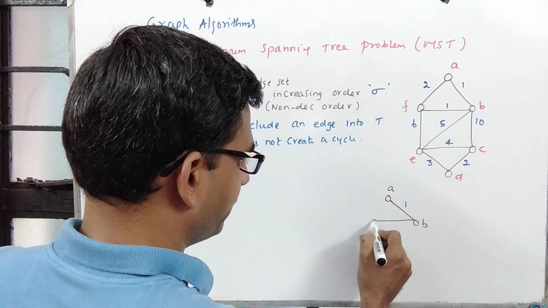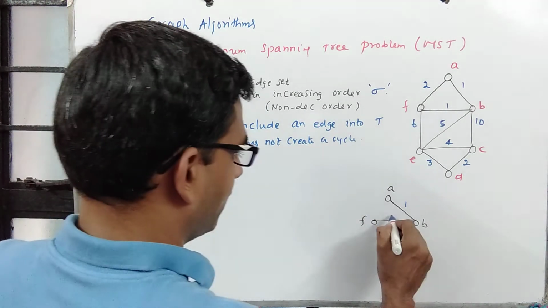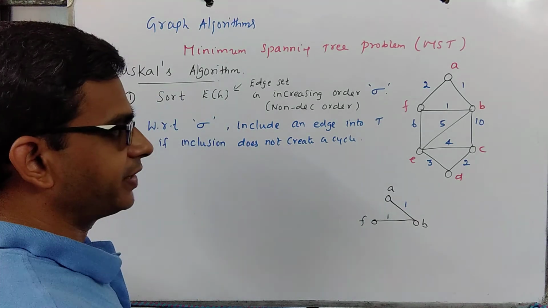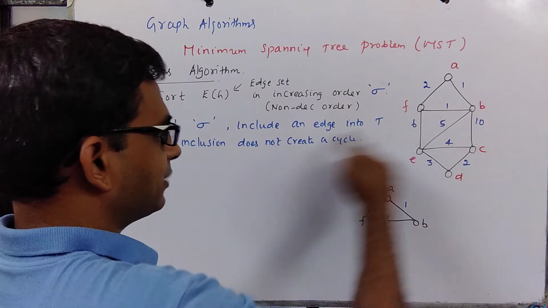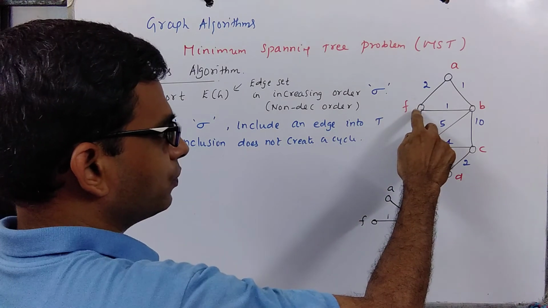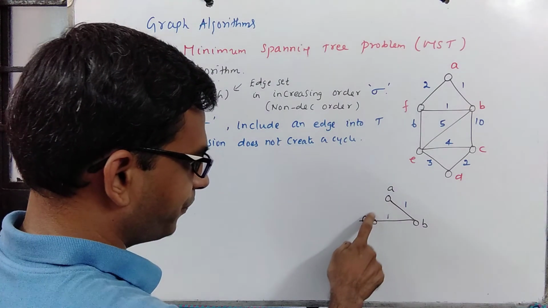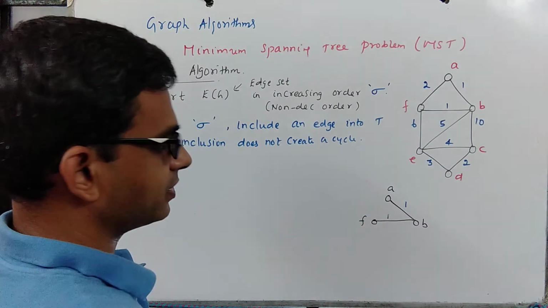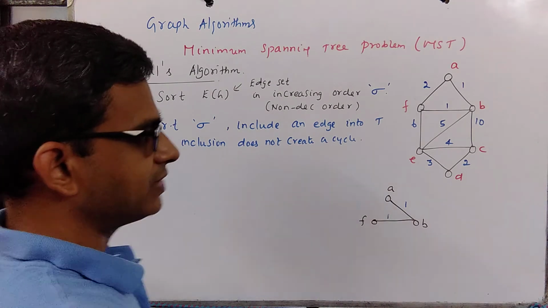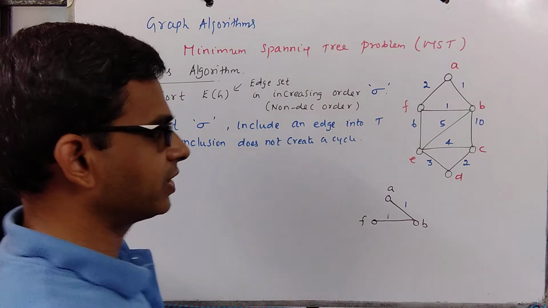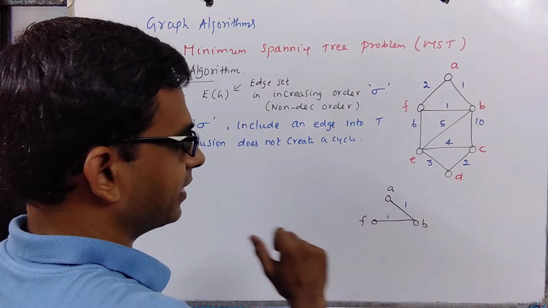What it says is you include the edge BF because its inclusion is not creating a cycle. Next, as per the ordering, it is 2, so it is AF. But when we include AF, you see that it is creating a cycle. So skip that and consider the next edge with respect to the sorted order. So we are not including this because inclusion of AF creates a cycle.